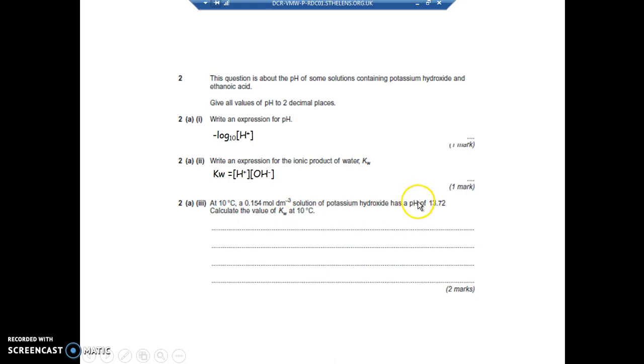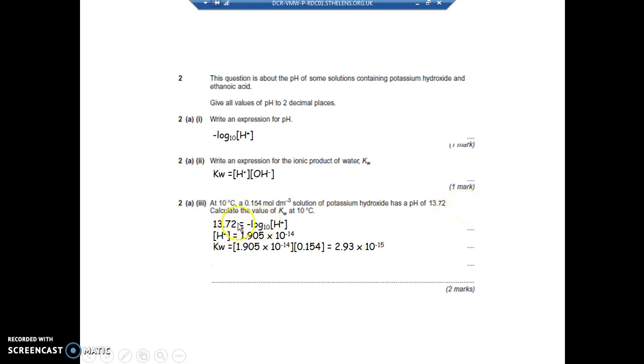So, again, why would they give you pH? They only give you pH if they wanted you to work out H plus concentration from it. So pH equals minus log to the base 10 of hydrogen ion concentration. So 13.72 equals minus log to the base 10 of H plus concentration. So that's the first thing you've got to put in.